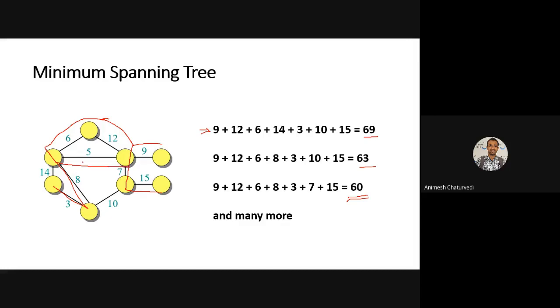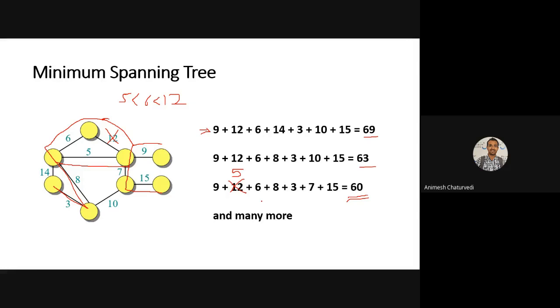If we add 5, then it creates a cycle, and we need to remove the edge which is creating the cycle. So 5, 12, and 6 are creating the cycle. Which is larger? 12 is much larger than 6 and 5. So this 12 has to be replaced by 5.